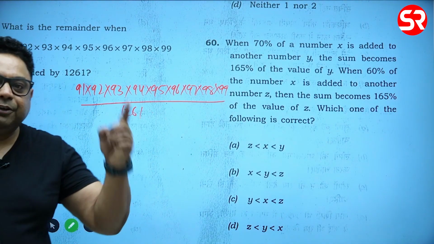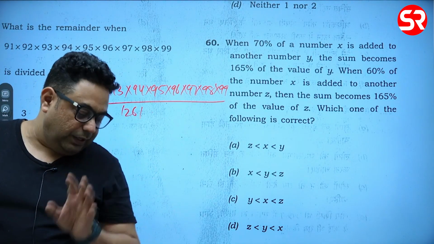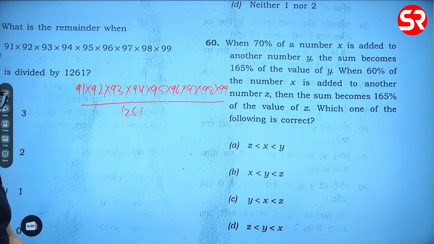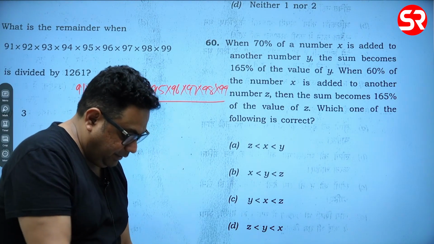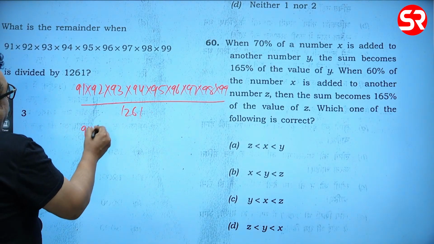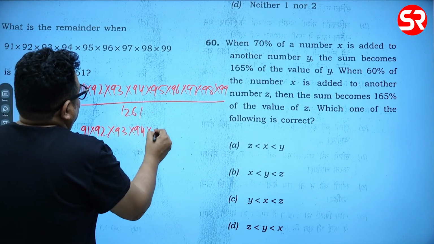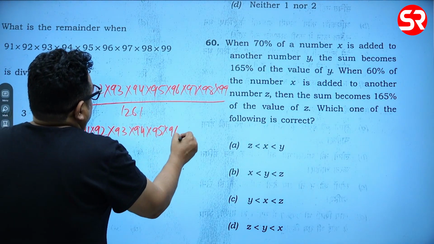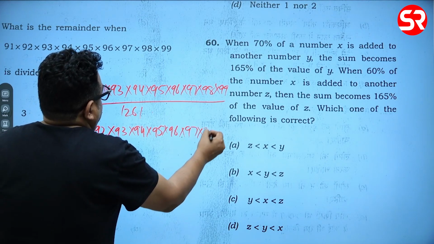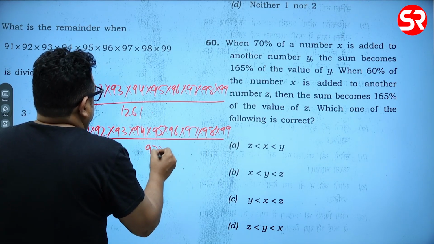You only needed to break something, and the break that you needed to do was 1261, and I just found out that 1261 is 97 into 13. So it is 91 into 92 into 93 into 94 into 95 into 96 into 97 into 98 into 99 upon 97 into 13.